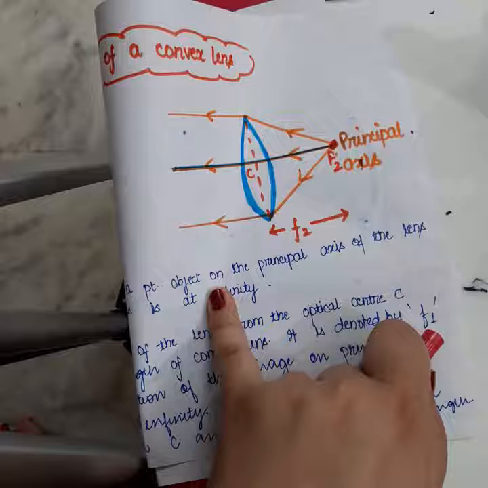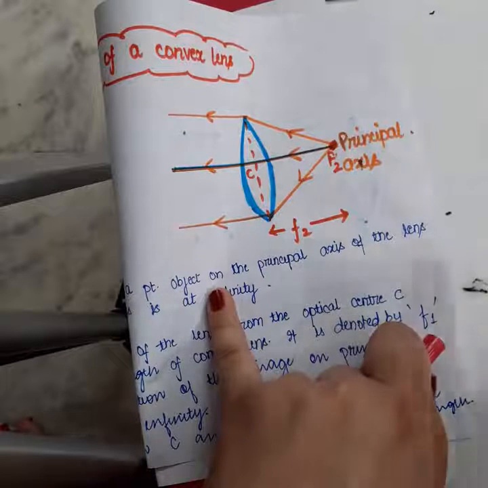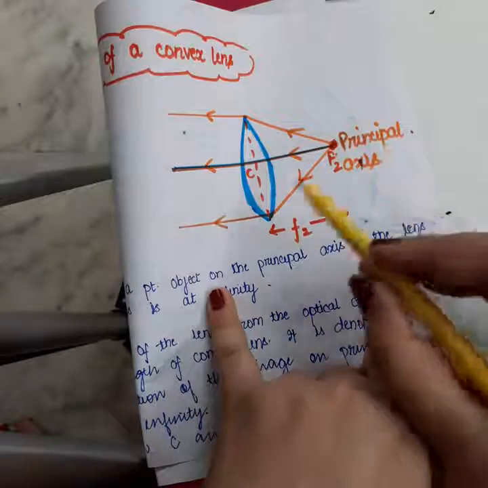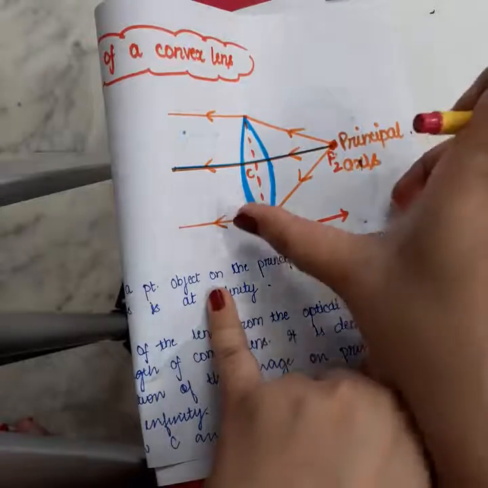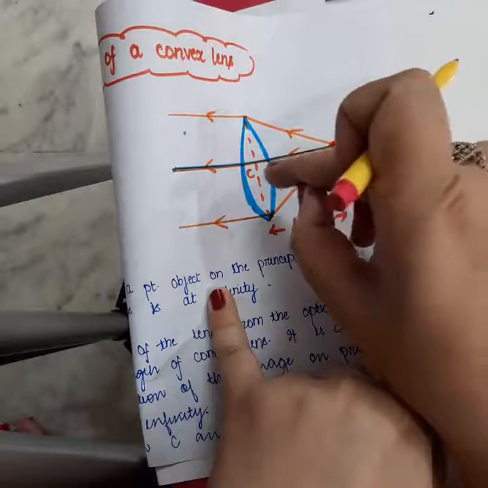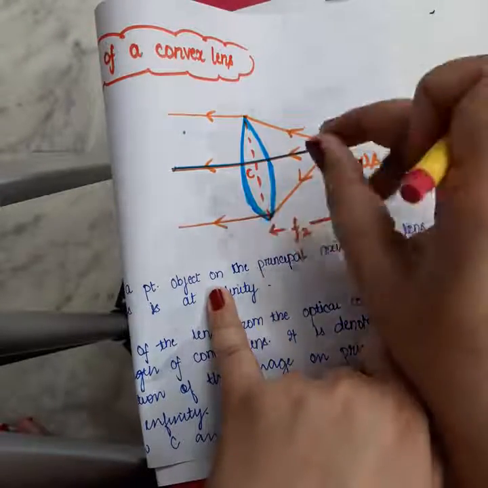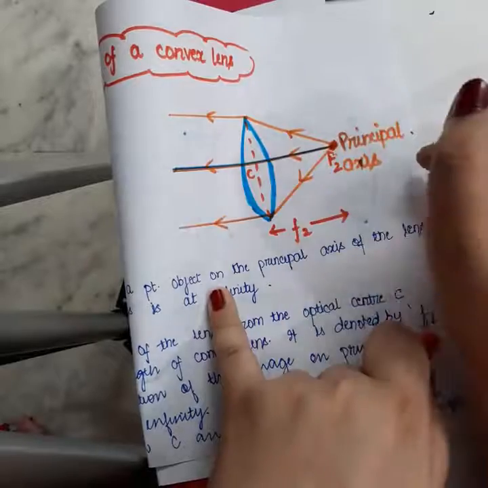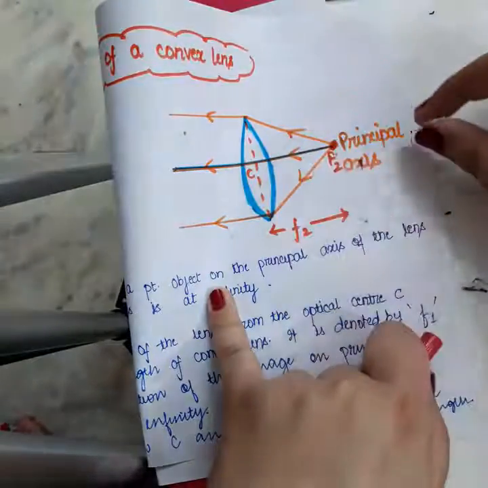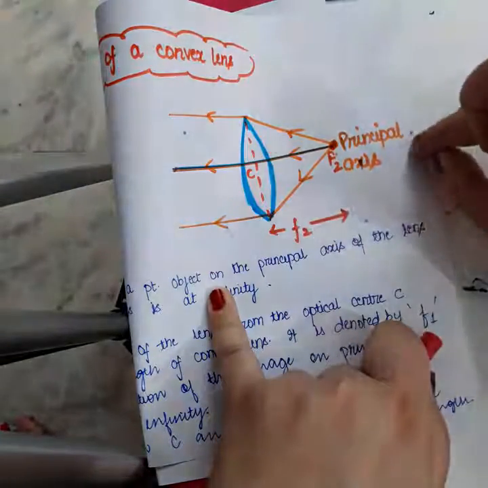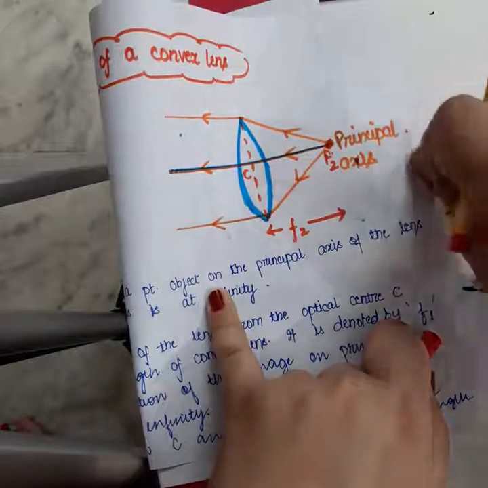So don't you think that focal length and power are inversely related? I repeat the whole fact over here. Suppose the focal length is more. Focal length is the distance of separation between the optical center and focus. So if the focal length is more, it means the focus will be farther away. If the focus is farther, it means the rays would have converged over here, at a very far off point.